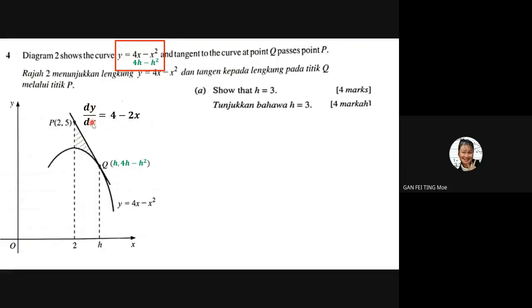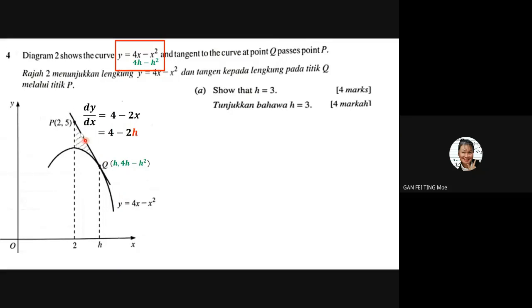Remember dy dx in terms of x is actually every single straight line. So therefore, I need to change my x here to h to represent the gradient. The gradient at point Q means the slope of this line.